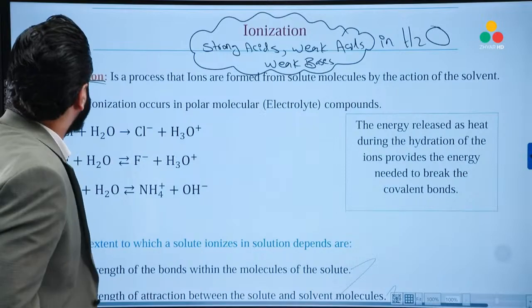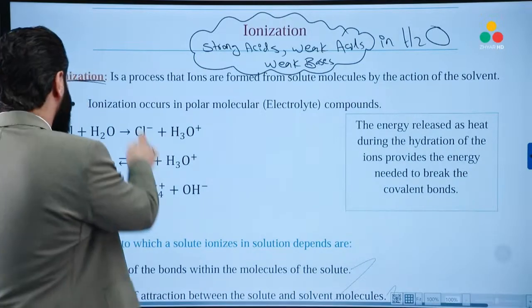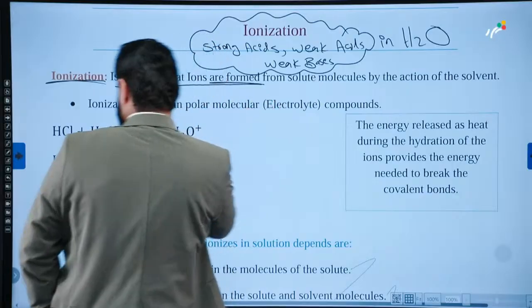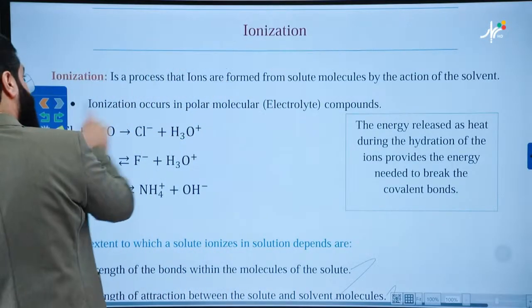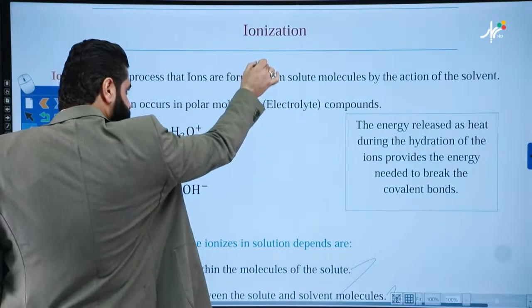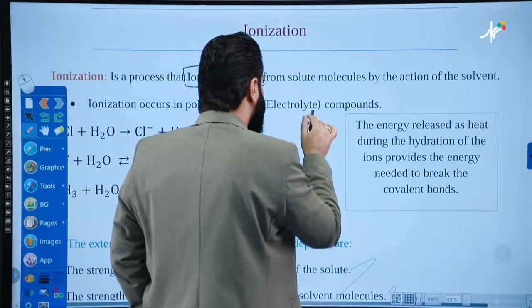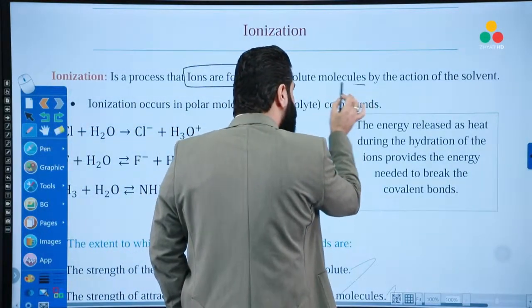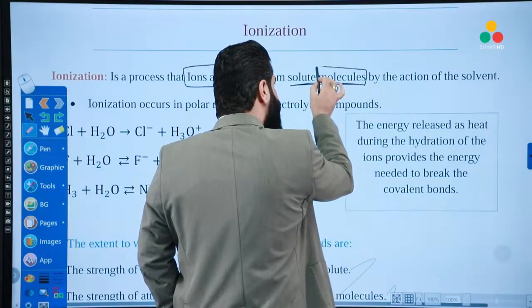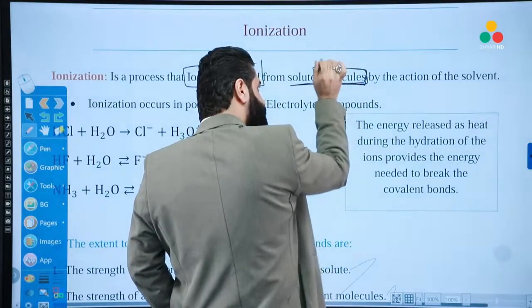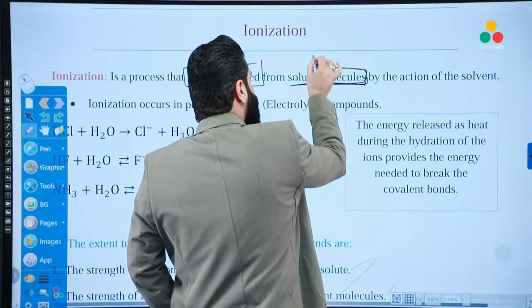Okay, ionization. Ionization is a process in which ions are formed. First of all, it is the process of the formation of ions. Ions are formed from a solute molecule. Look, molecule. It means we have a molecular substance. Which molecules do we need here?